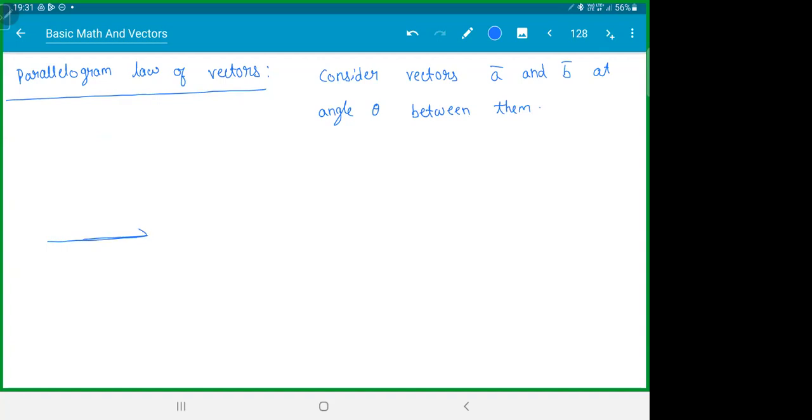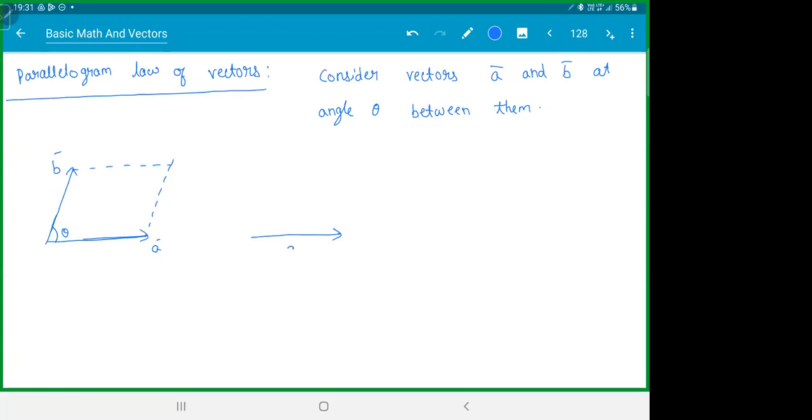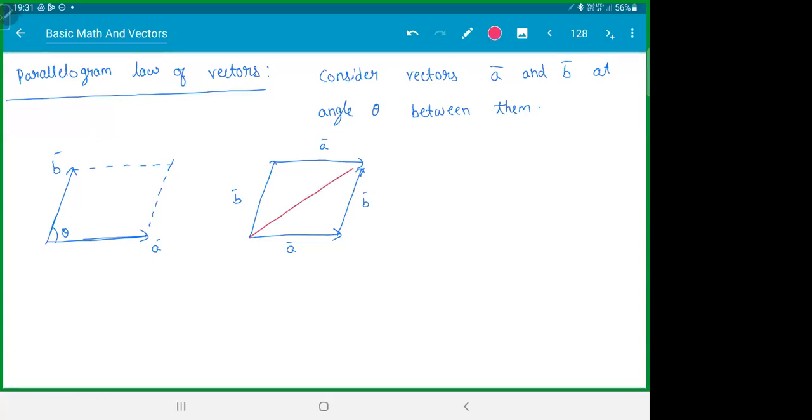If you see, this is just like resolution of vectors. So if you have 2 vectors A bar and B bar, you can extend this, draw a line parallel to itself, draw a line parallel to itself. So what you get is A bar, B bar. This is also B bar, and this is also A bar. This is your resultant, and let this angle be alpha.